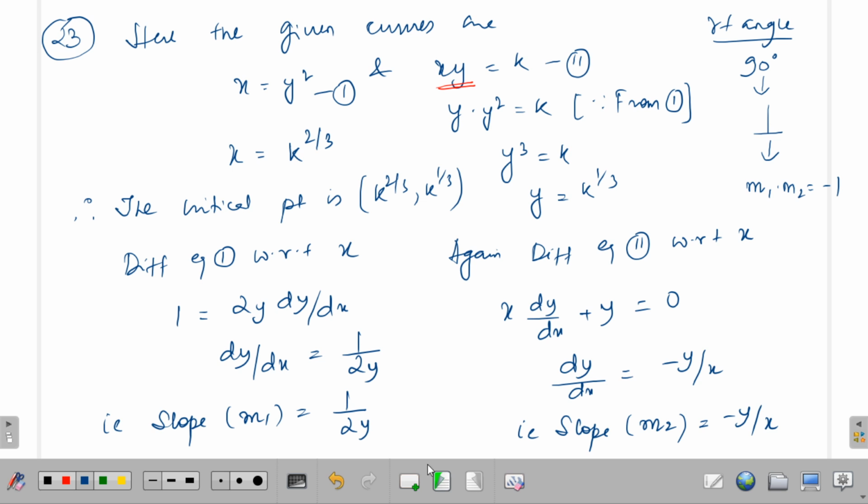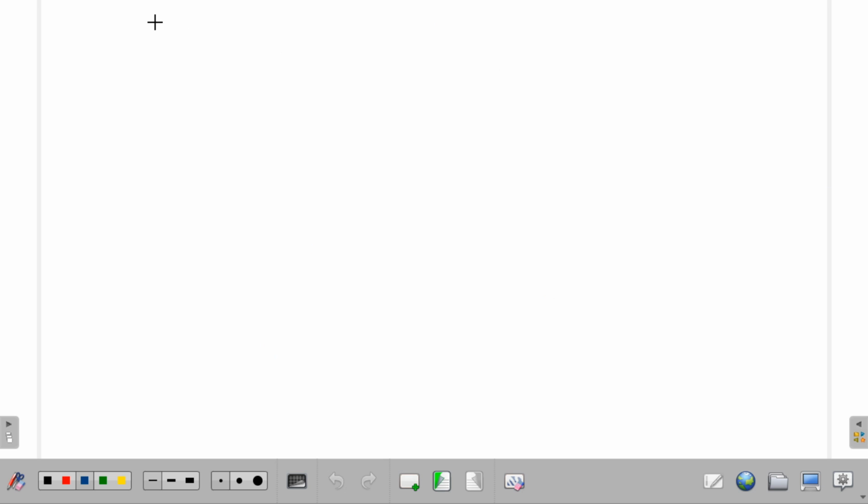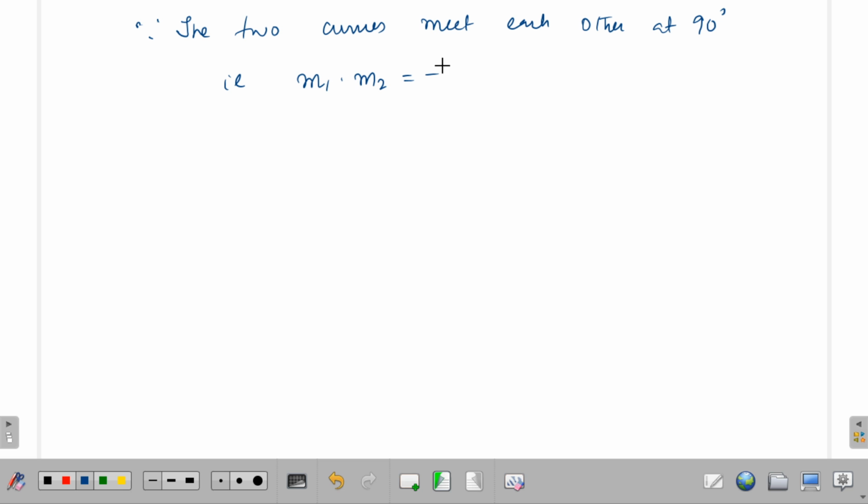Okay, now the two curves meet each other at 90 degrees. So the next line: since the two curves meet each other at 90 degrees or right angle, m1 · m2 = -1.